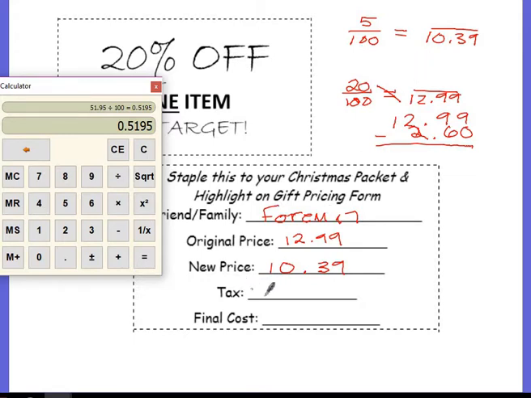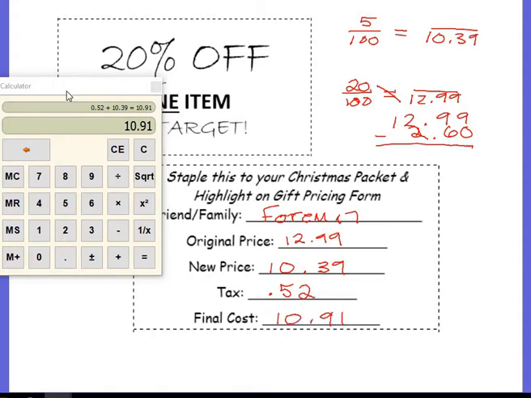And how much is tax? 52 cents. Because we're talking money. Money has 2 decimals. To get my final cost, I would add those two. So 0.52 plus 10.39 equals 10.91.